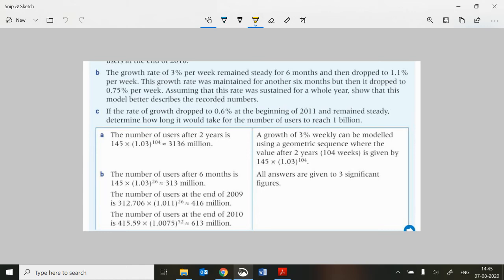They came up with, this was the first 6 months, this rate of increase of 1.03. That's the common ratio, or 3% increase each year. And this is the second 6 months, and this is the third period here, the last 12 months. And we're talking about the Facebook increase in users over that period.